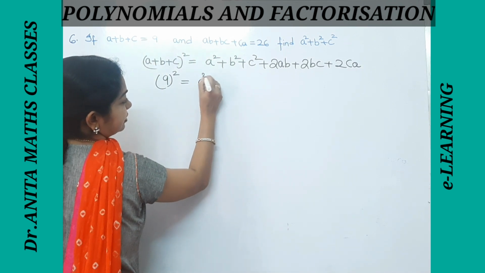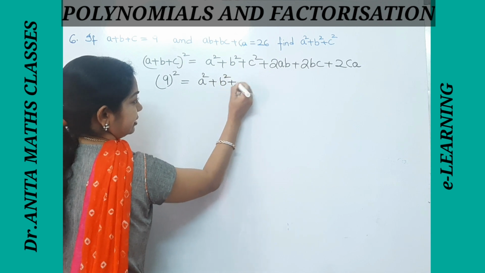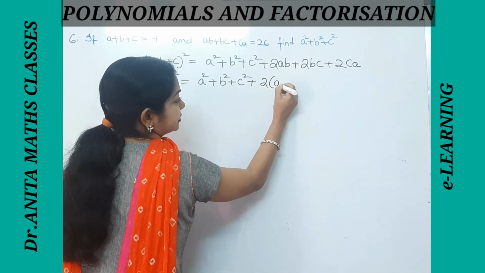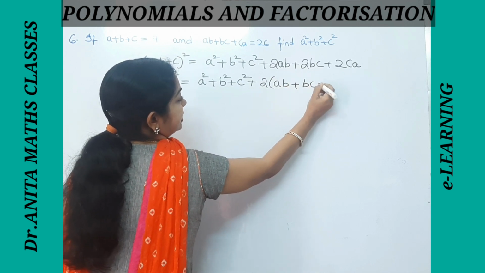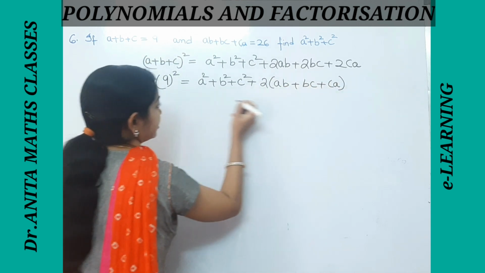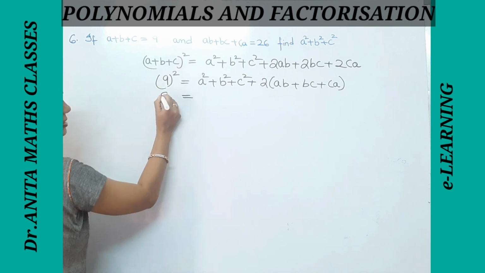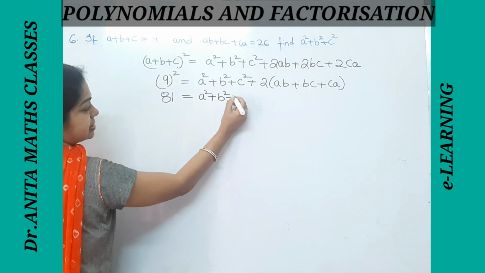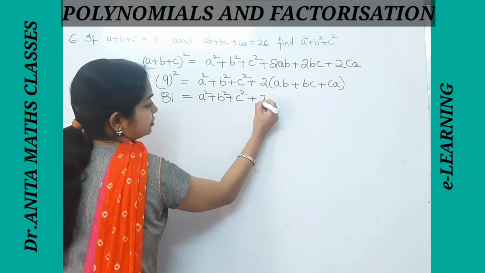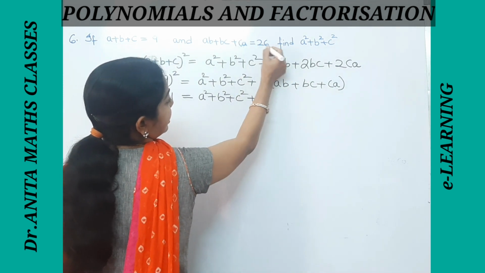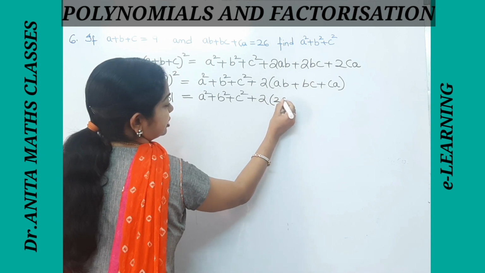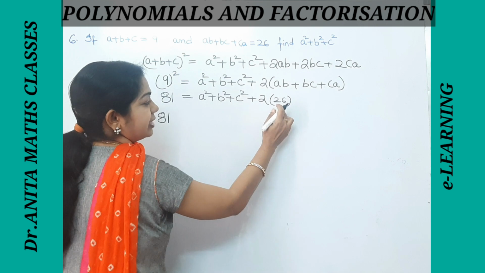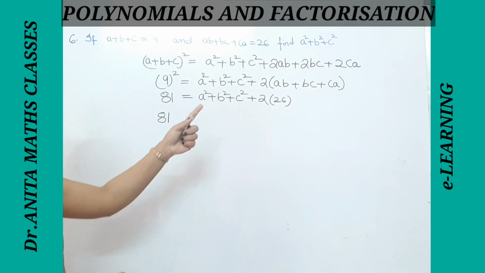Now a square, b square, c square we have to find. In these three terms, ab, bc and ca, I have taken 2 as common. Now 9 square is 81, equals a square plus b square plus c square plus 2 into ab plus bc plus ca, which is given as 26. So 2 into 26 is nothing but 52.